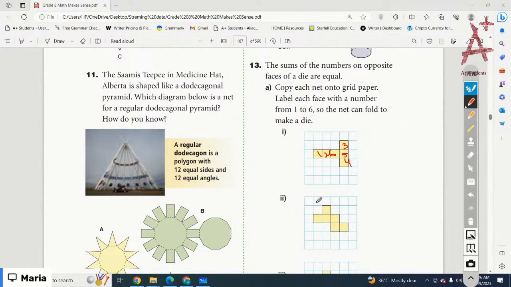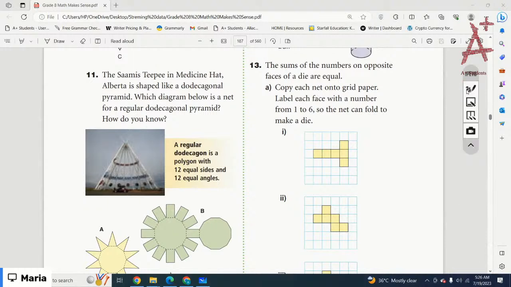And the second one is 1, 3, 2, 6, 4, and 5. Got it? Okay, let's just move on to the next one.